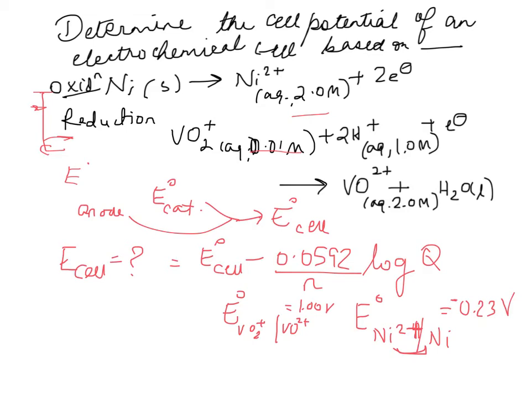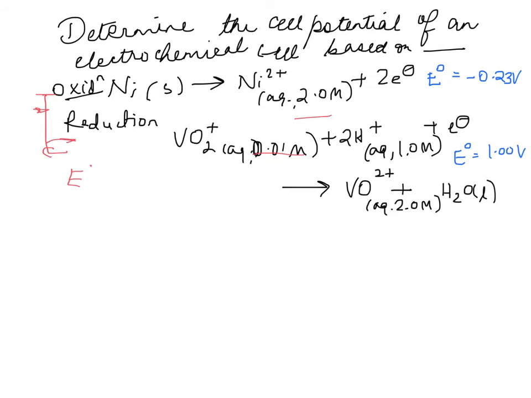Okay, so now we are just going to start consolidating what we know about the concentrations. Hopefully you can recall from equilibrium that Q is the reaction quotient. And so if I think about my overall reaction, I am supposed to multiply this vanadium reaction by 2.